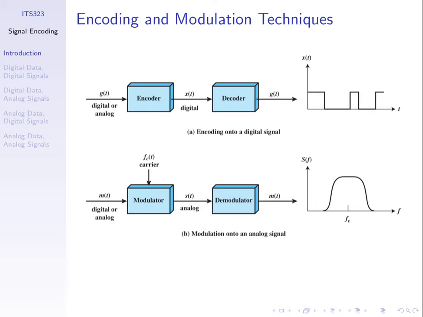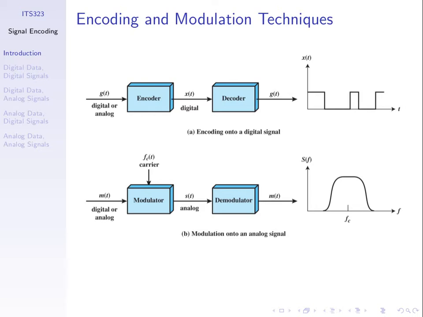If we're dealing with analog signals from A to B, it doesn't matter about the type of data here, we do a process called modulation. We take some analog input, some analog signal called a carrier signal, and vary the carrier signal according to the input data. And we get our analog signal as output.